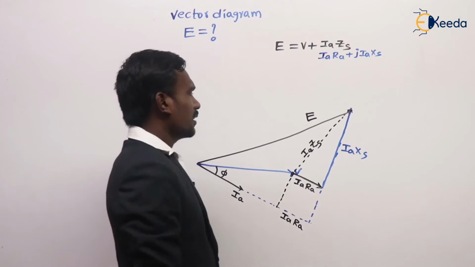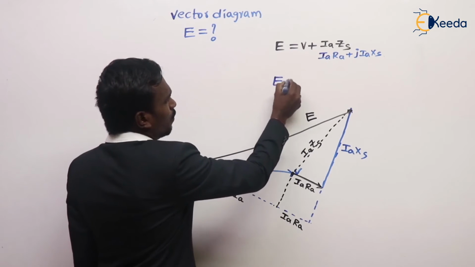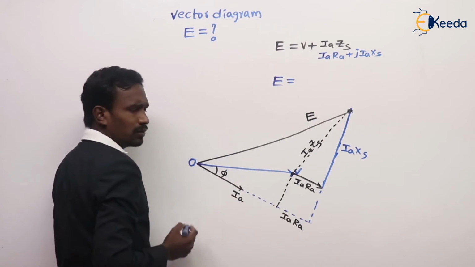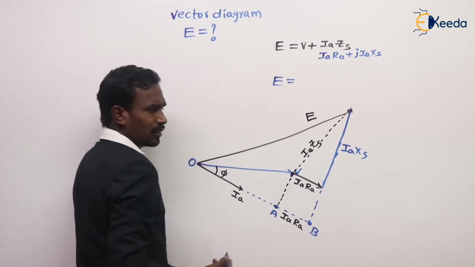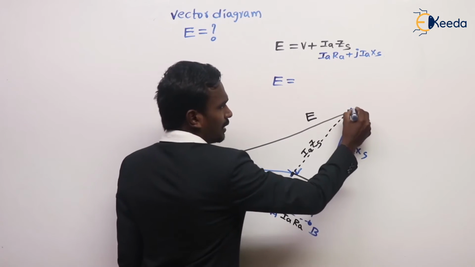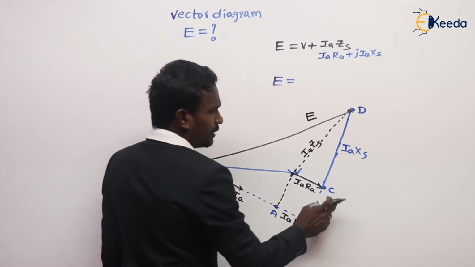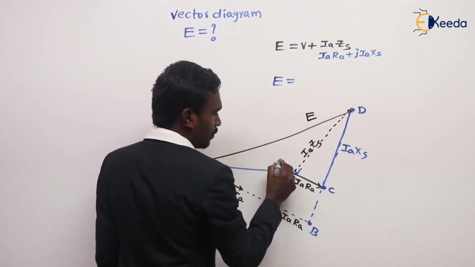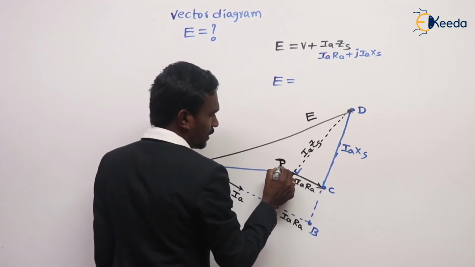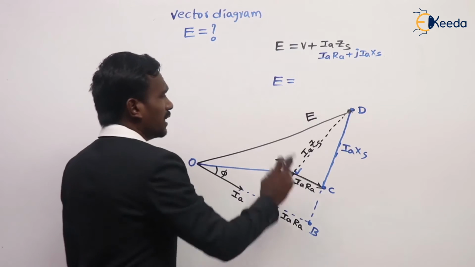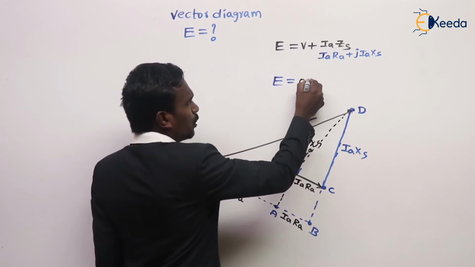Next, now I want the EMF E. For example, this is O, this is point A, this is point B, this is point C, and this is point D, and this is point P. So here, EMF E is nothing but OD.